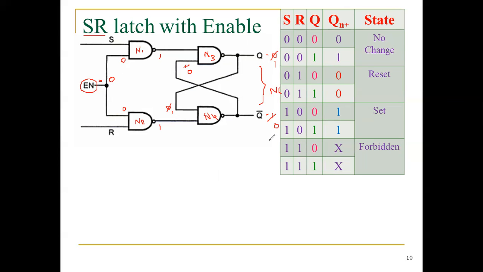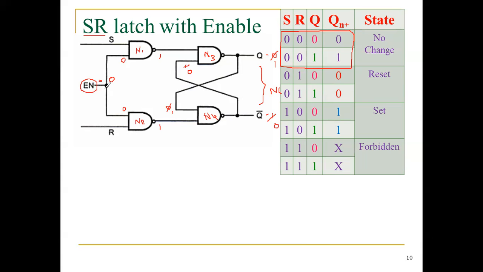Similarly, you can verify all the conditions. Now the conditions checked by using this circuit are 0 0 and 0 1. That means my S and R inputs equal to 0 0 to be checked.